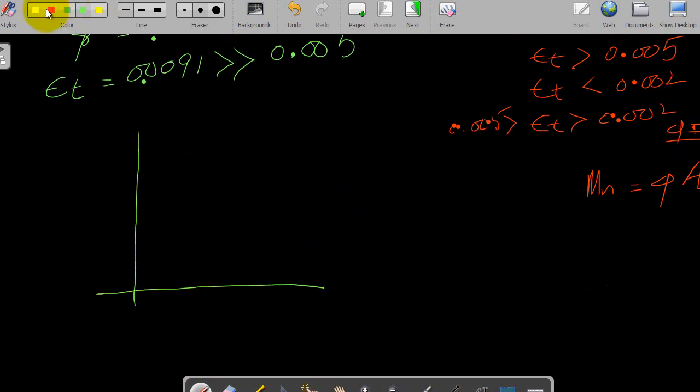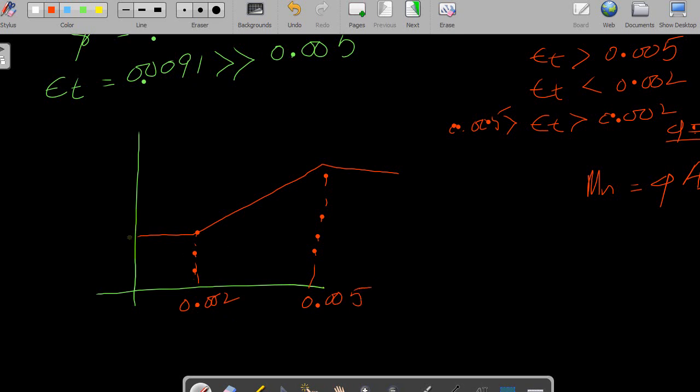Let me draw the graph right here. This is the graph. This is the strain value 0.002 and this is the strain value 0.005.